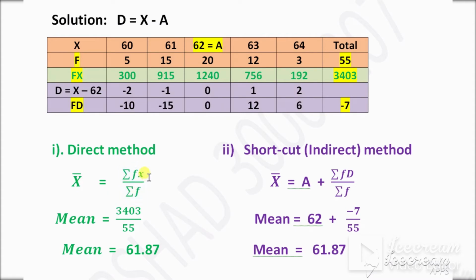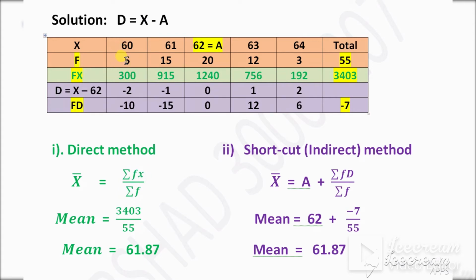So for the direct method we have to find f multiplied by x. That's why this green one is used for the direct method and this pink one is used for the shortcut method. For the green one, we need fx because in the formula we need f multiplied by x total. That's why first of all we have to find the f multiply x column.